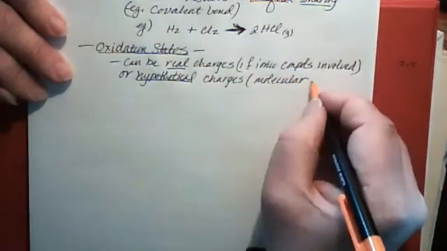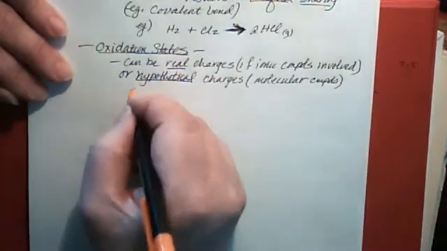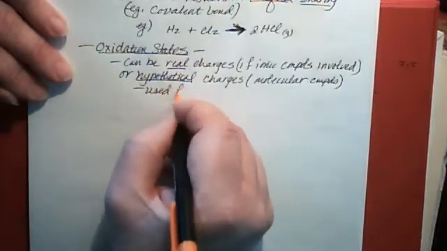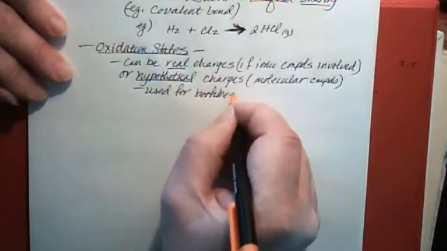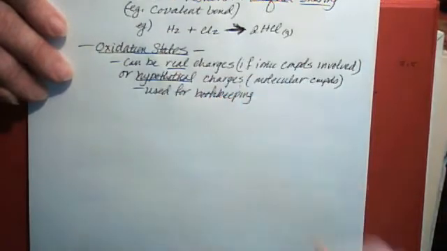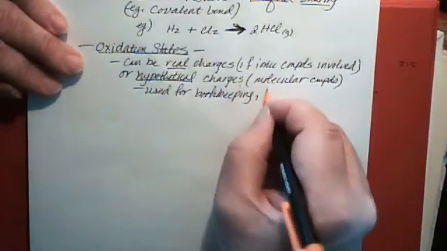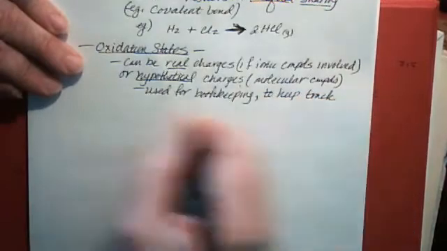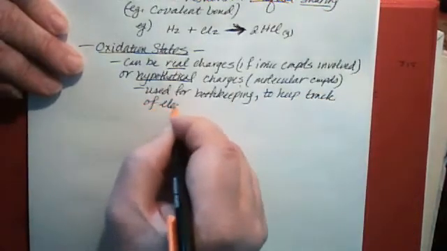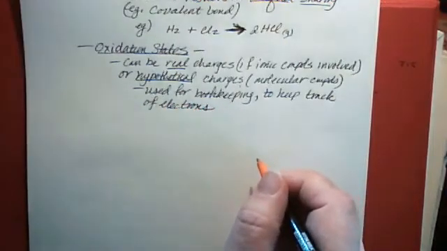And that's in the case of molecular compounds. And they're basically used for bookkeeping purposes to sort of keep an eye on where the electrons are and where they're going.